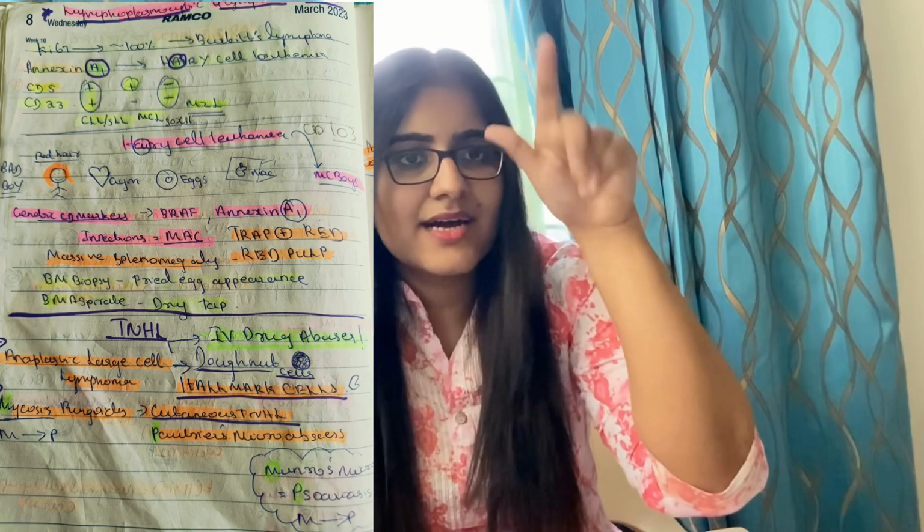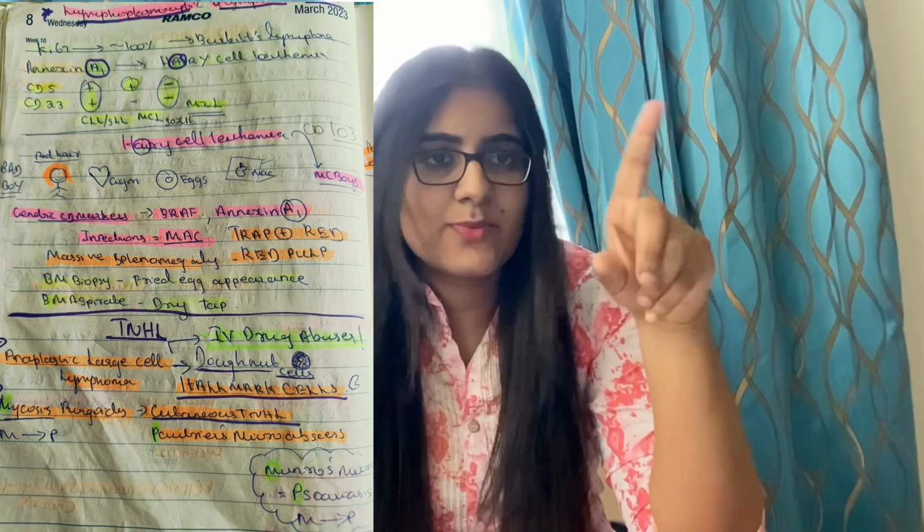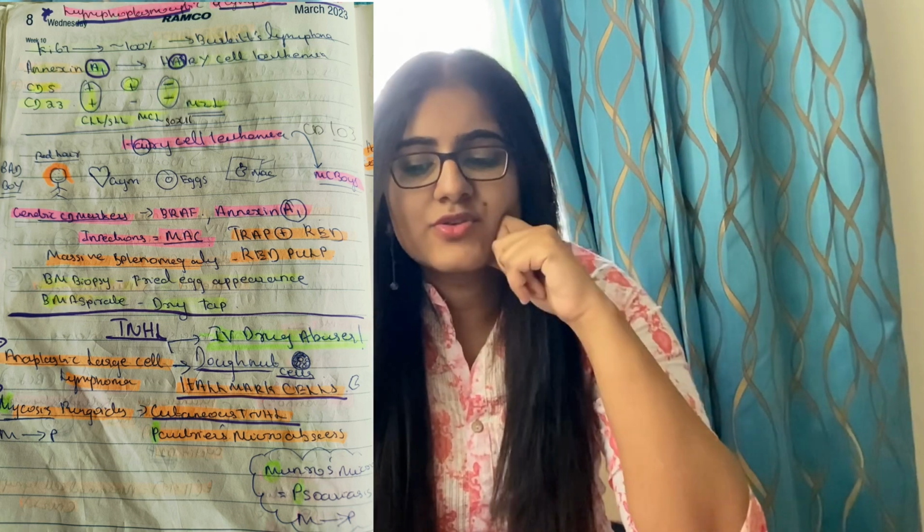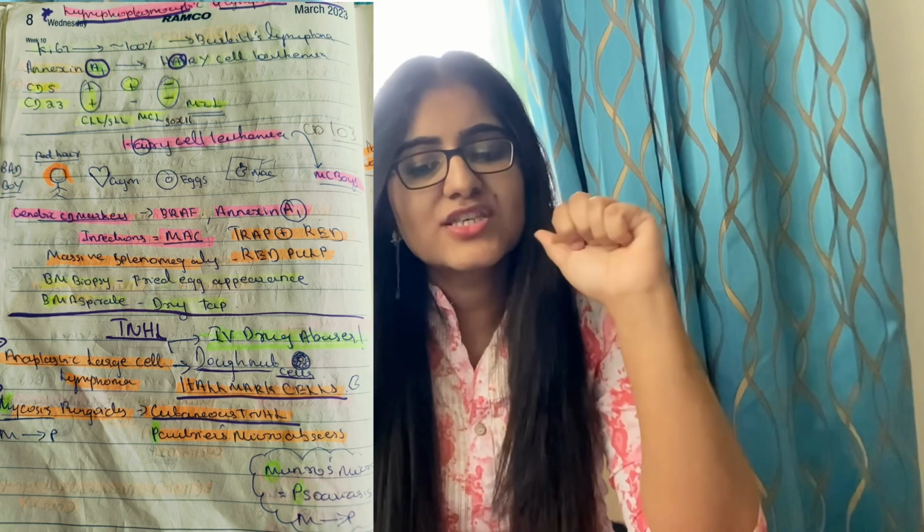So the story is like red for hairy cell leukemia, AI, that means annexin A1 first of all. Then you should remember massive splenomegaly, red pulp, that's why red pulp. And why did I say gym? Because in bone marrow biopsy you will be seeing a fried egg appearance. Why did I say MacBook? Because infections will be Mac.